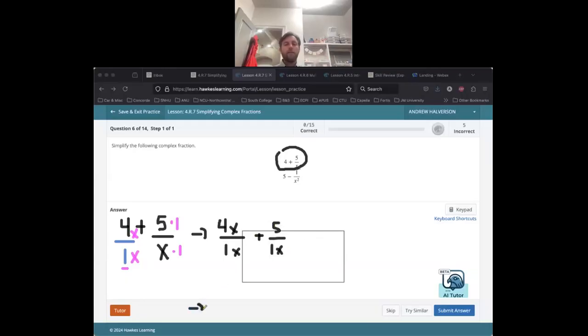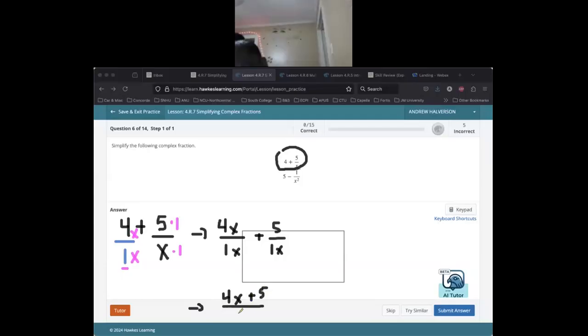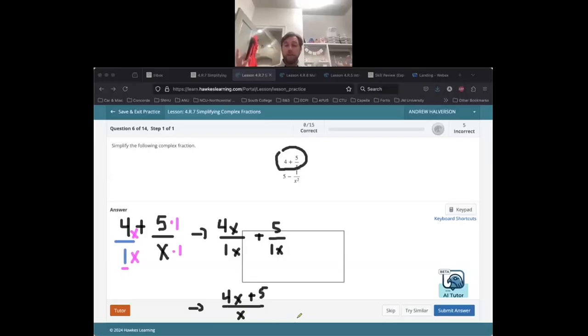Now I have common denominators, so I add the tops, 4x plus 5, all of that over 1x. I can't combine the 4x and the 5. They're not like terms, so I've got to leave them separate. But that's how I created one fraction. It's not pretty. It's not my favorite fraction, but it's one fraction. That's what I wanted. Do y'all see that?